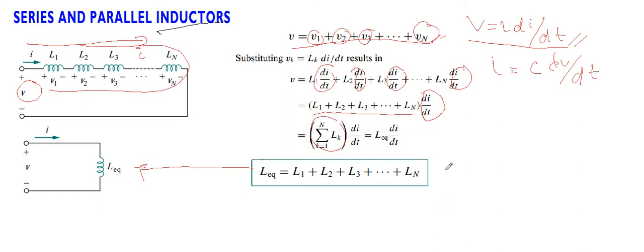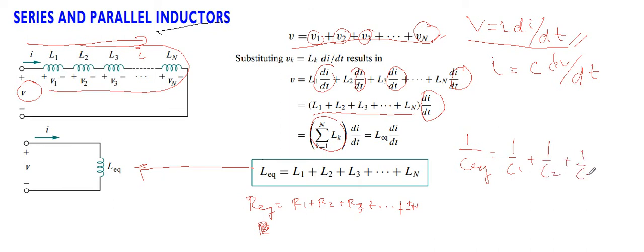And if you notice, it is the same as the R equivalent of series resistors. You just add them. Unlike the series capacitors, we have C1 plus 1 over C2 over C3 and that plus 1 over Cn.